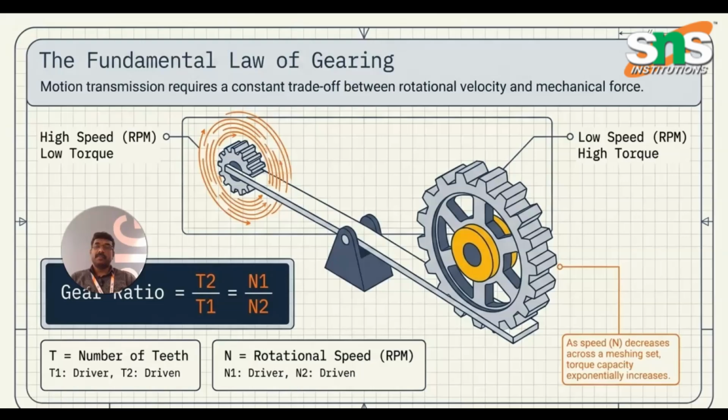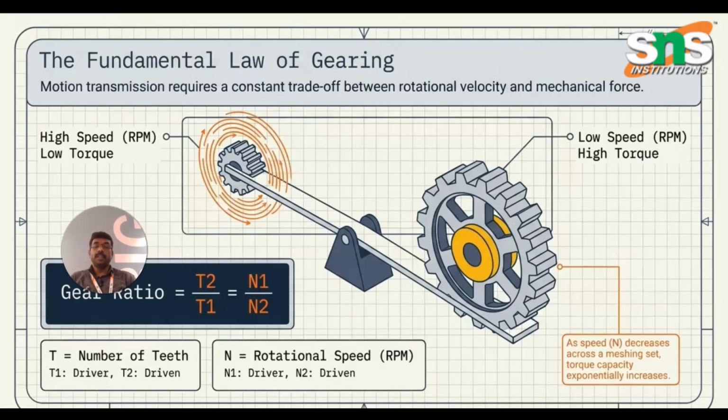So let us come to the fundamental law of gearing, which states that the motion transmission requires a constant trade-off between the rotational velocity and the mechanical force. When the gears are meshed together with different sizes, we have different velocities at the output considering the input. So the gear with number of teeth T1 is meshed with the gear with number of teeth T2, say for example.